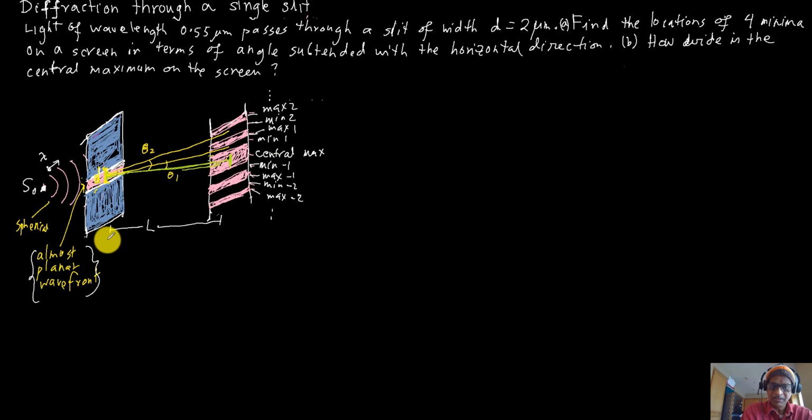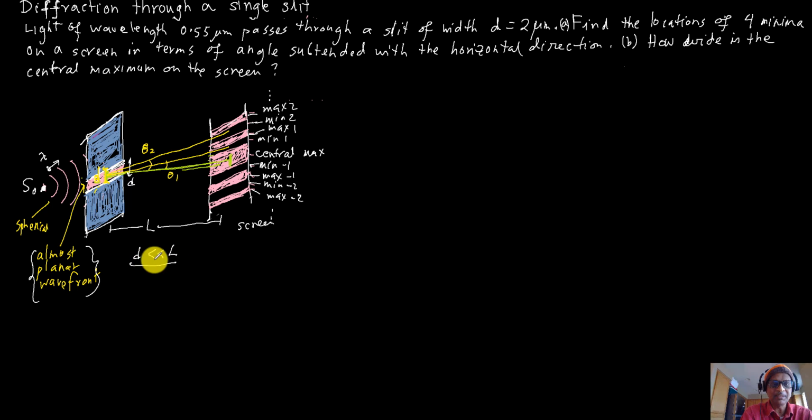But here we're going to say you have a slit, and then there is a screen here, and this width of the slit is D, and D is going to be much less than L. So the formula here looks like the double slit interference, but not quite.